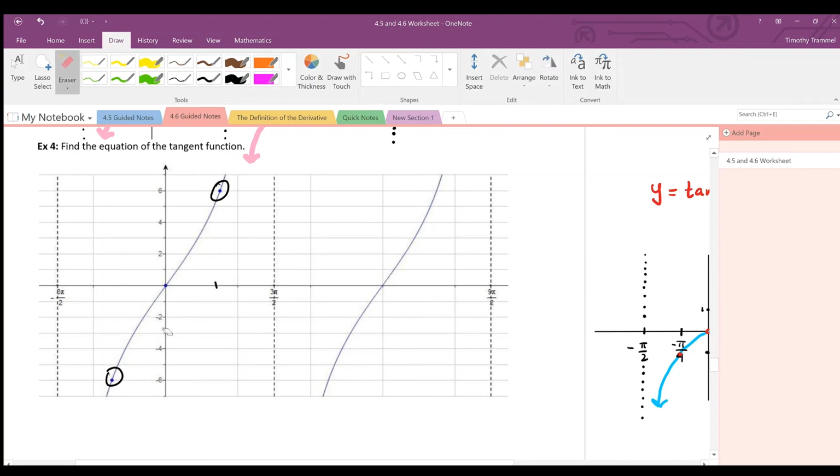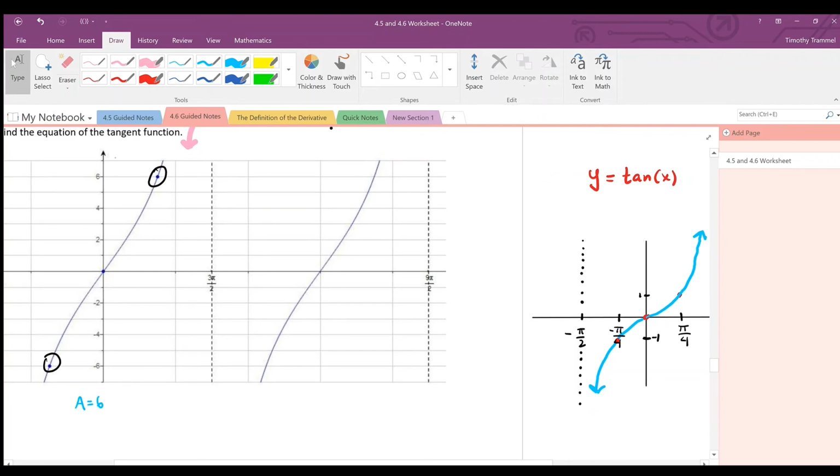So that means that for us, A is going to equal 6. Let's go ahead and write that in. If A equals 6, that's a start. And also note, I'll maybe circle it now, this point right here, and it's directly on the origin, right?